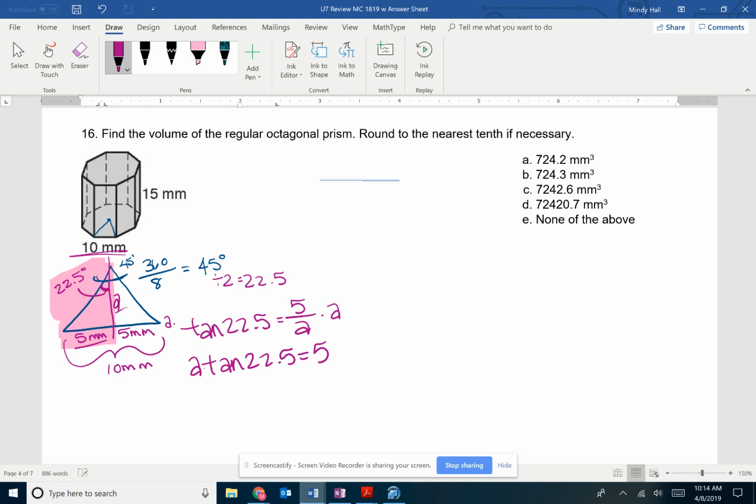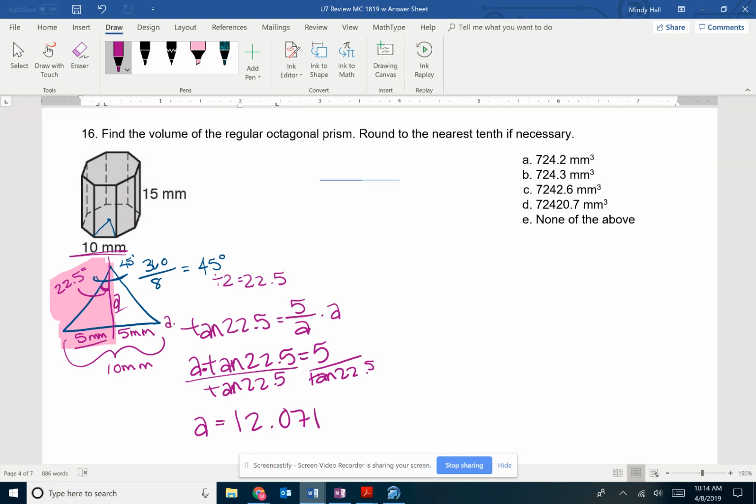And by the way, if all these letters are confusing to you, feel free to put a big multiplication sign in there so you don't forget it's multiplication. Then we divide by tangent 22.5. And 5 divided by tangent of 22.5 is 12.071. Personally, I'll probably just keep that to 3 digits for now.